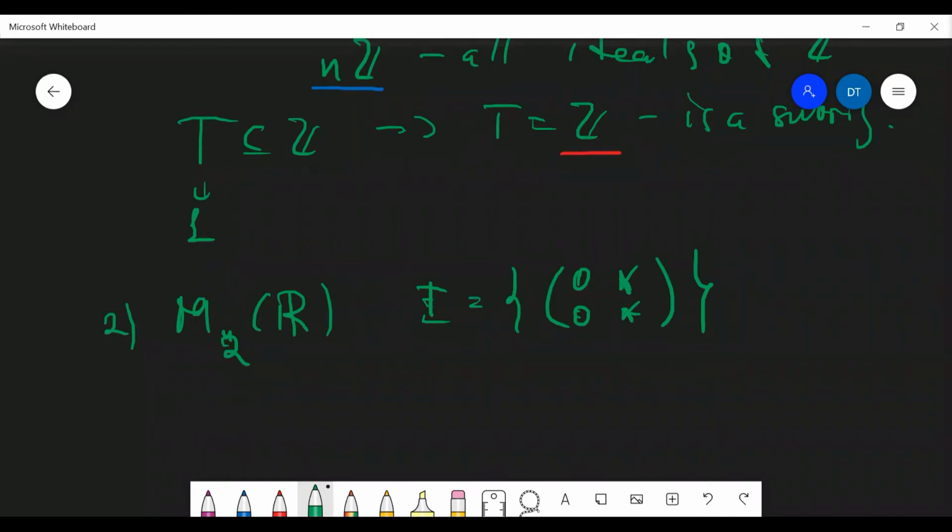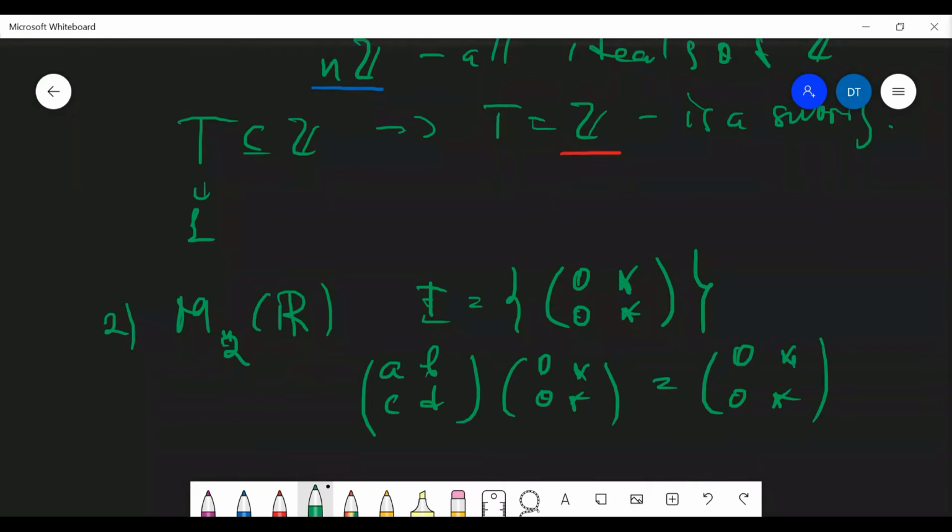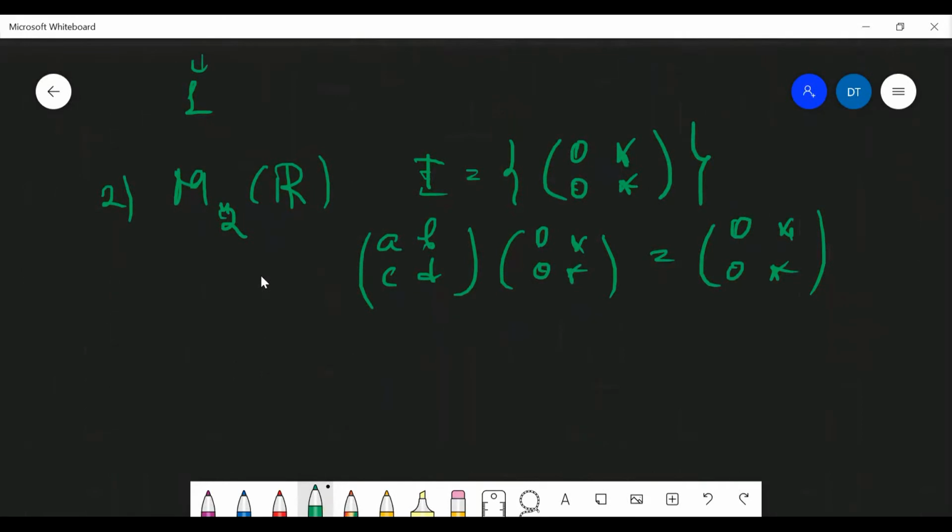If you multiply a matrix of this form by any matrix on the left, so if you take (A, B; C, D) times (0, star; 0, star), the result will be of the form (0, star; 0, star). So this subset is closed under addition, and it's closed under multiplication by any matrix on the left. But it's not closed under multiplication on the right.